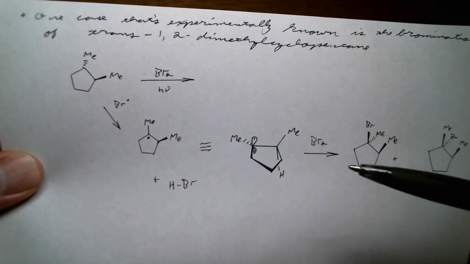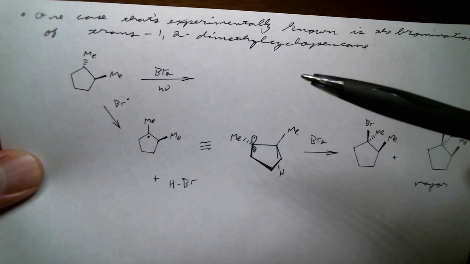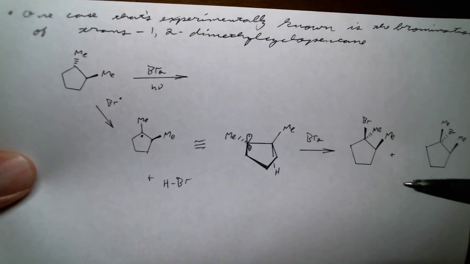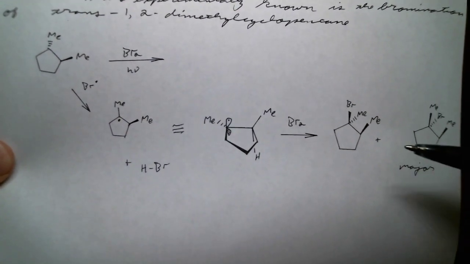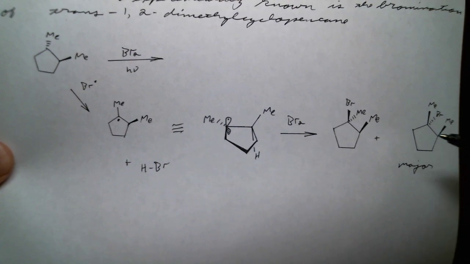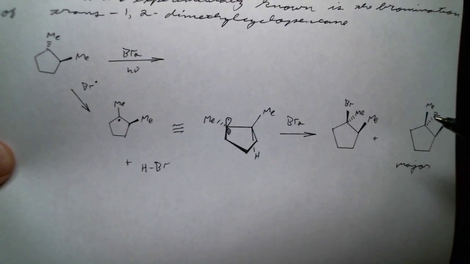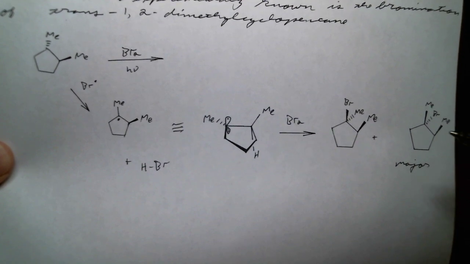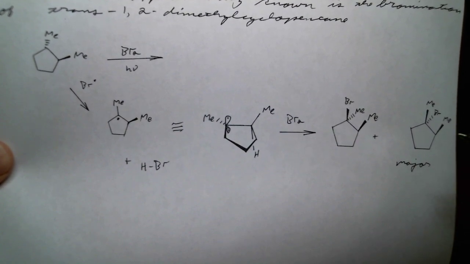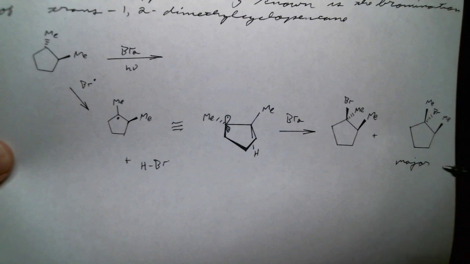We don't form this particular molecule, which would be from bromine coming in from that top lobe. Our major stereoisomer is from bromine coming in to the bottom lobe. So your major isomers are where the methyl groups end up on the same side of the ring.